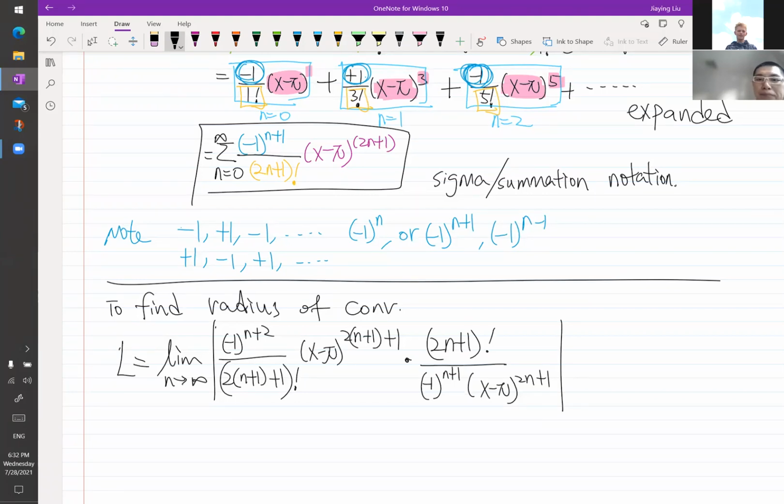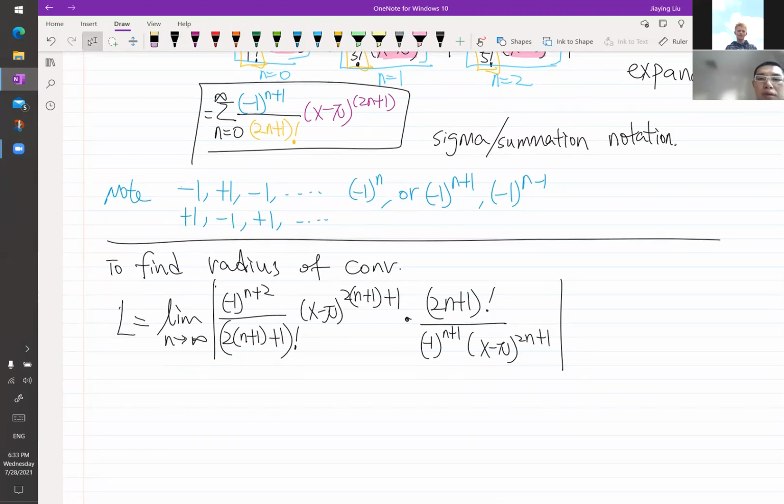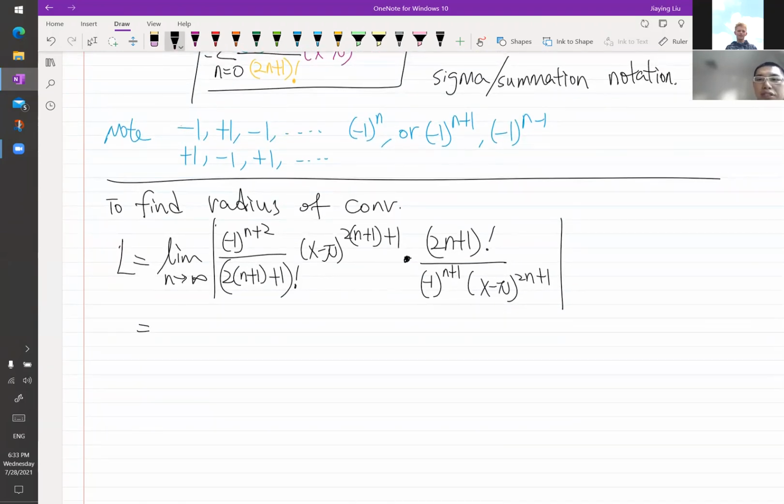Then we're going to simplify. After we simplify and take the limit, we want L to be less than 1 in order for the series to be convergent, right? So keep that in mind.